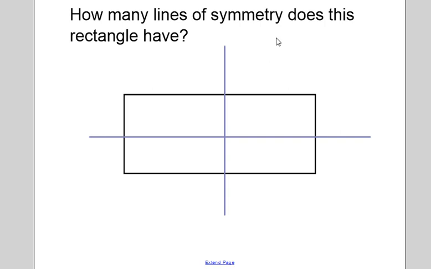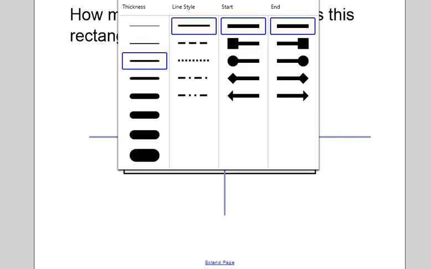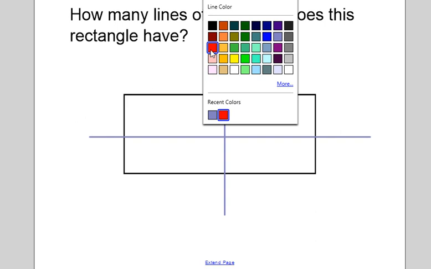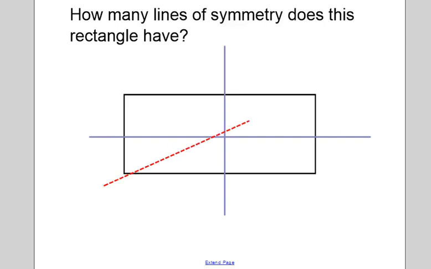So what symmetry is not: I'll use a dotted line to say this is wrong. I'll even make it red. I can draw a line like this, a little bit off in this corner, and say that I've divided my rectangle in half, and that would be true.